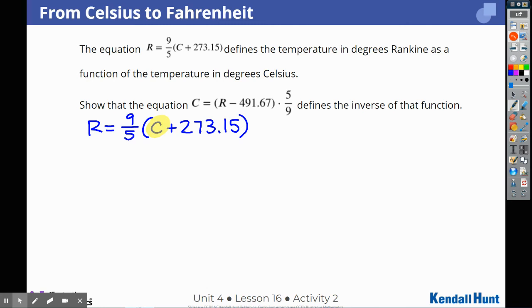You have to distribute the 9/5 first. So we have R equals 9/5 C, and 9/5 times 273.15 is going to give you 491.67. Now that we've distributed the 9/5, you can do that subtraction and subtract 491.67 from both sides.